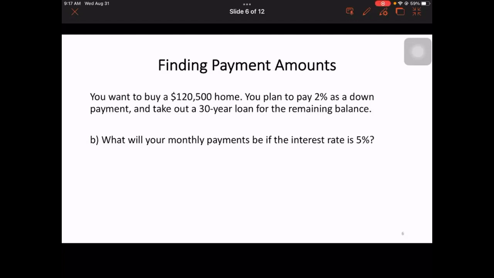So you need to identify those parameter values. Okay, PV equals, R equals, N equals, T equals. You need to identify the parameter values first and then plug into the payment formula.